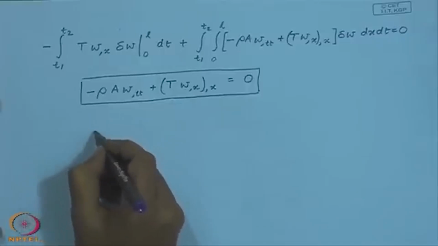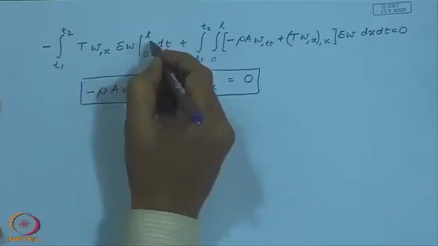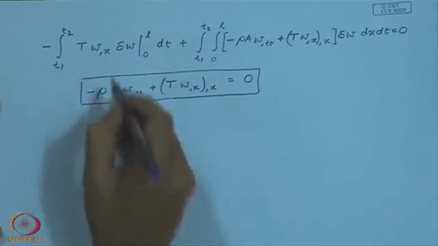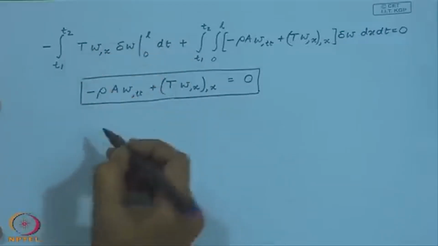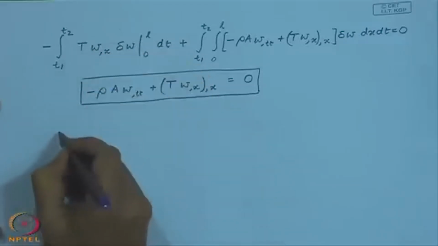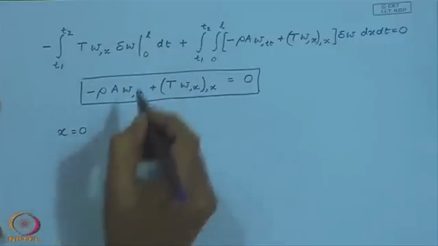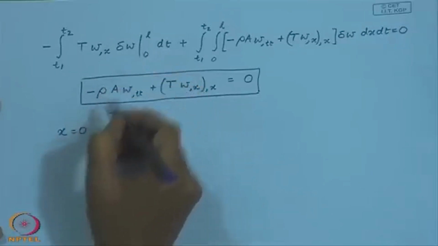Now, what this says is that this can vanish in two ways. Say at x equal to 0, let us look at x equal to 0.